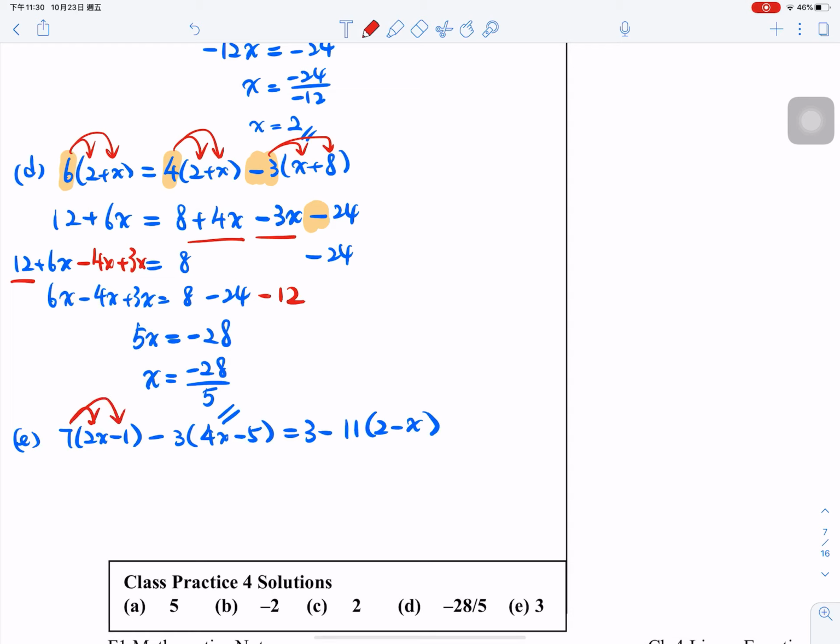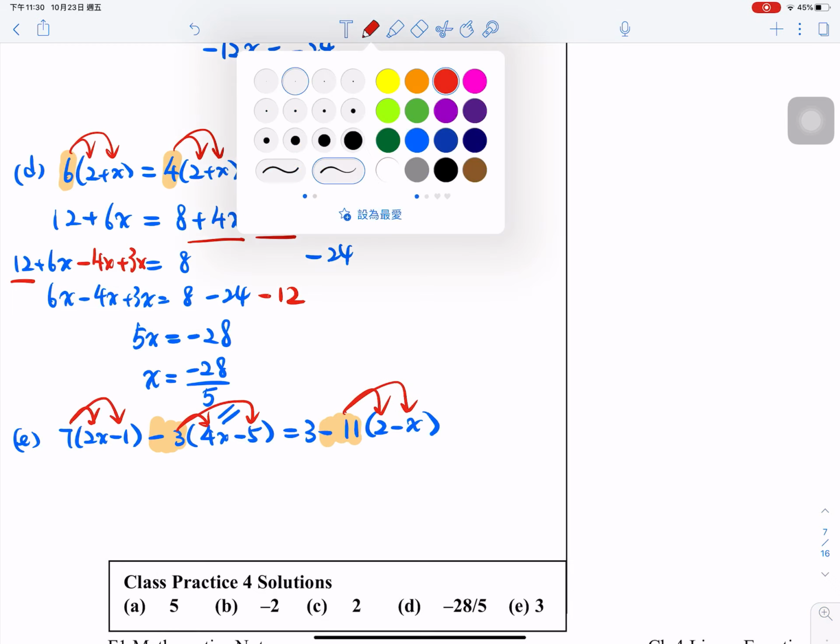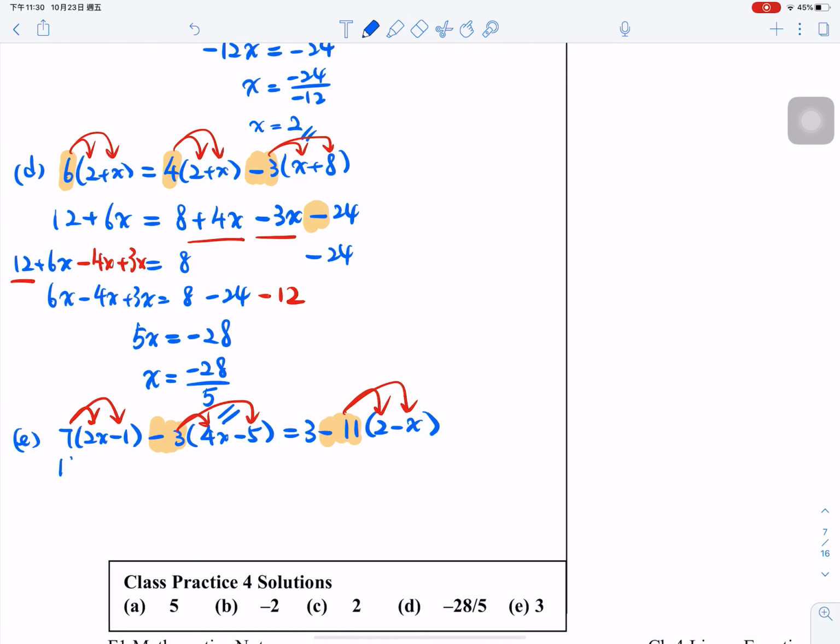7 expand to this one, negative 3 expand, okay, so multiply into these two terms, and here negative 11 multiply into these two terms, right? So 14x minus 7, here minus 12x plus 15.